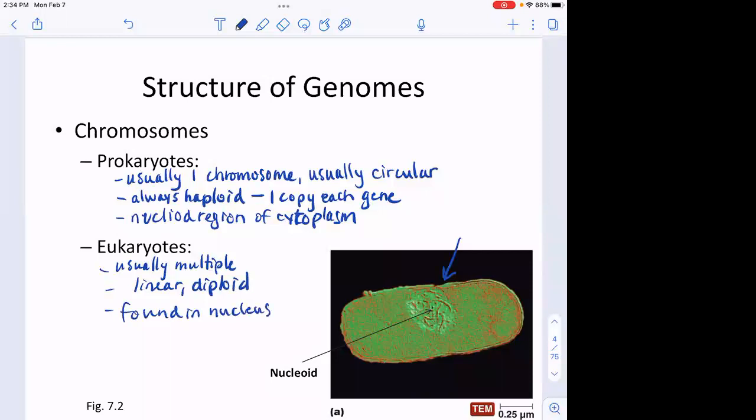Remember, the one exception to that: the DNA of our mitochondria and chloroplasts is circular. So there is some DNA in our cells, technically, that's more like prokaryotic form.